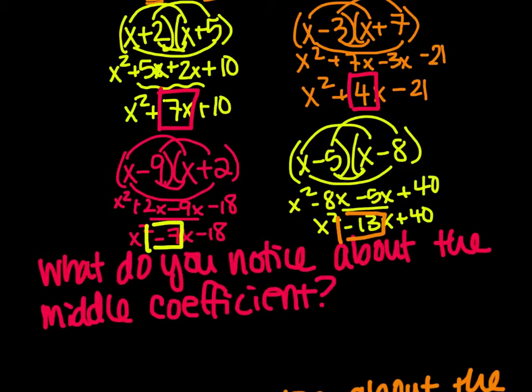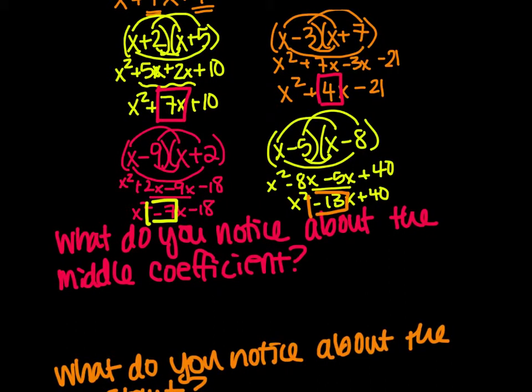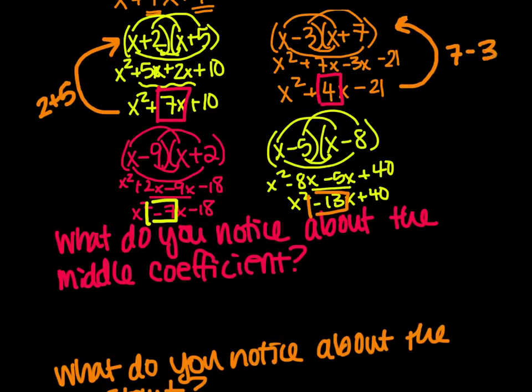And if you're looking closely and you're relating it back to the original equation, if I look at this 7x is essentially 2 plus 5, and then an x added to it. This 4x is essentially 7 minus 3, or 7 plus a negative 3. We have also here negative 9 plus 2, and that equals negative 7. And here, negative 5 minus 8, negative 13.